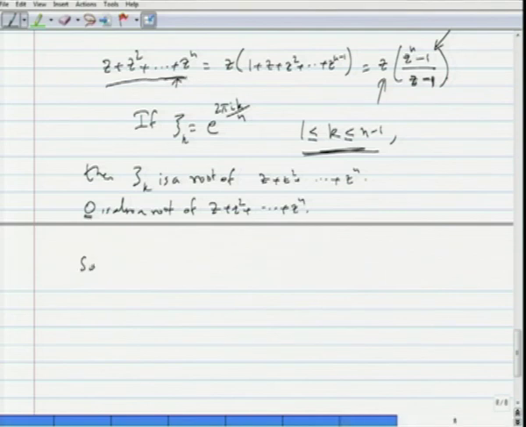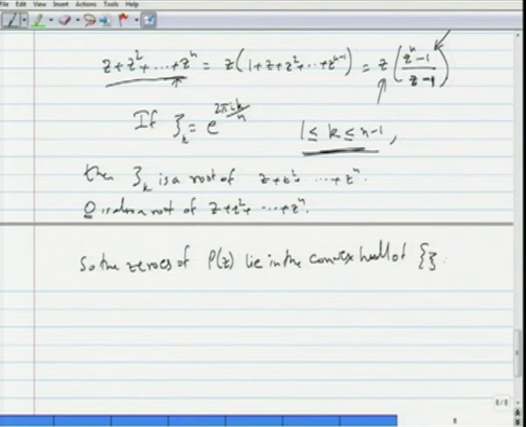Okay. So, the zeros of the given polynomial, okay, of P of z lie in the convex hull of the set zeta k, okay, which is e power 2 pi I k, like I have mentioned here. Okay. So, this is zeta k such that 1 less than or equal to k less than or equal to n minus 1 union 0.